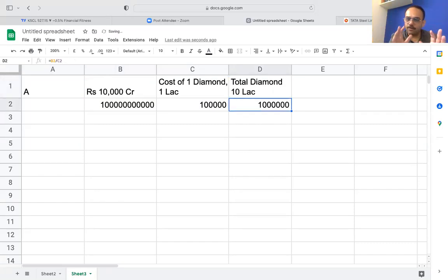Everyone okay? Mr. A has 10,000 crore in his pocket. He has some information that something will happen in diamonds. There will be great demand for diamonds, so he wants to invest in them. He thinks the price might go up.